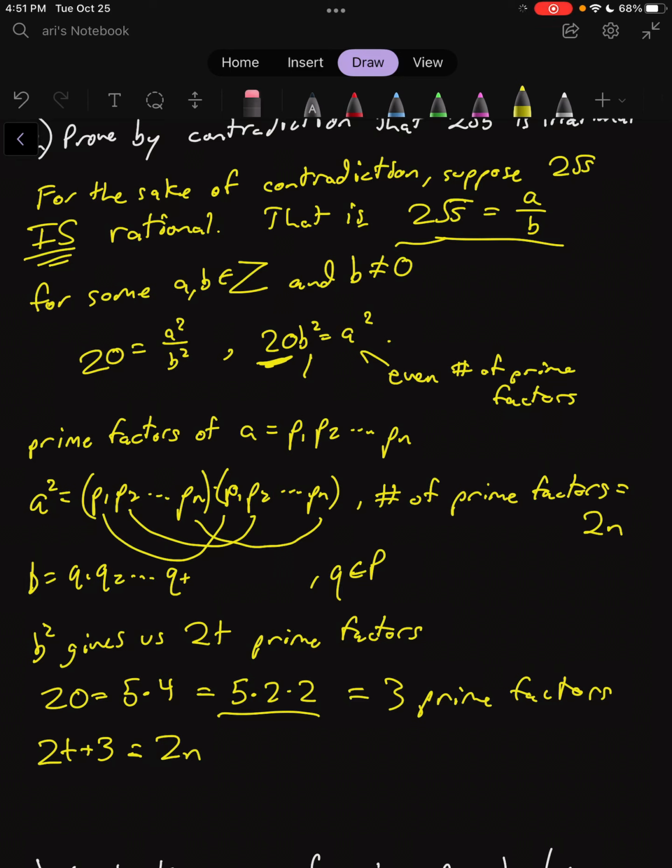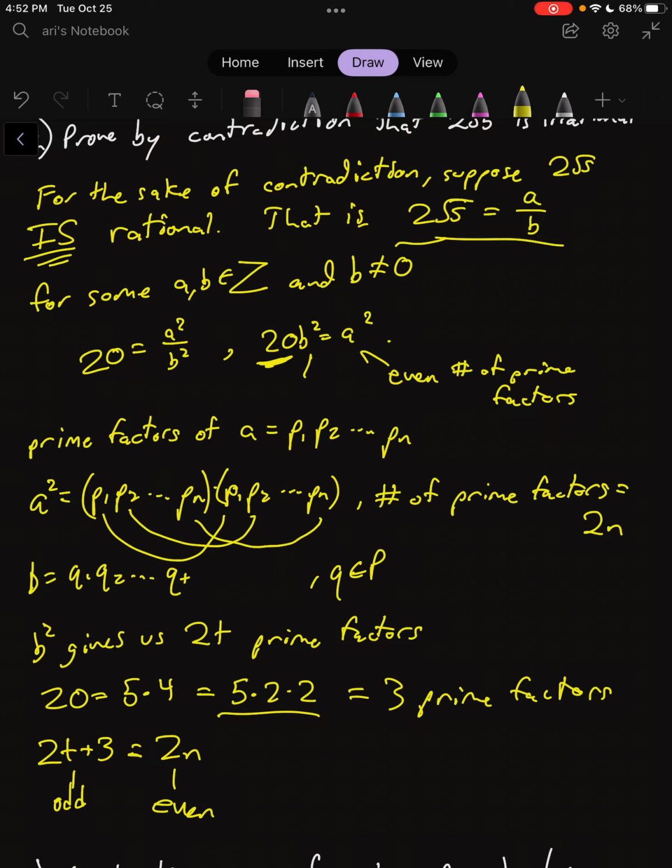And this is where we run into our contradiction. This side is odd, that side is even. But we said that 20b squared is equal to a squared, which means they represent the same number. And if they really did represent the same number, it would be impossible for them to have a different number of prime factors. The point is that we've just shown that they have a different number of prime factors, which should be impossible because they're supposed to represent the same number.